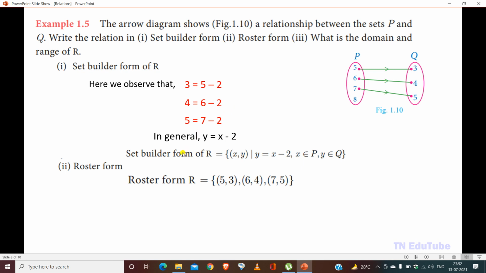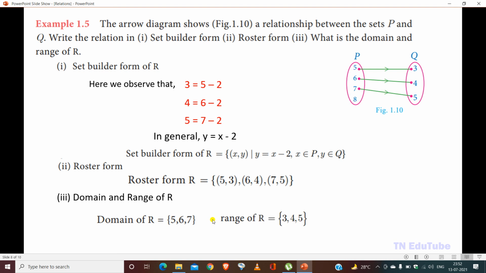Then you have to write the domain and range. Next question: domain and range of R. Domain of R is the first elements, 5, 6, 7, the elements present in the first set which are related. That is called the domain: 5, 6, 7. Then range of R is the images 3, 4, 5.